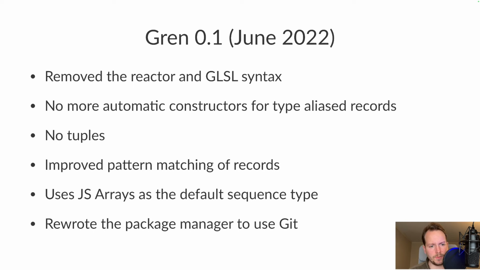Gren also uses JavaScript arrays as the default sequence type. So when you place something within brackets, Gren will actually compile that into a native JavaScript array instead of a linked list as in Elm. And part of this is simply to better integrate with the environment that we're targeting. So both Elm and Gren target JavaScript.